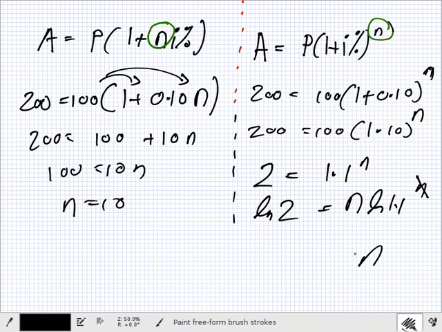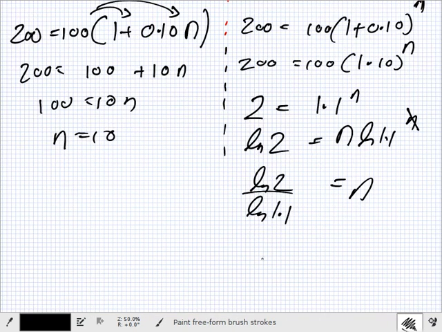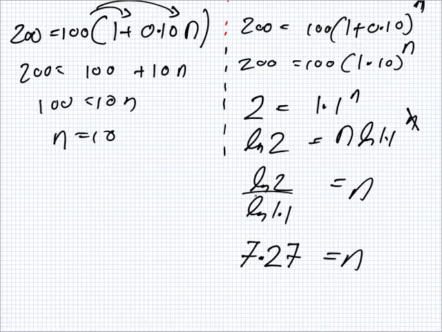So that means n will equal log 2 divided by log 1.1, which is 7.27. So 7.25 years is how much. Is that okay? Yeah? Okay, can I scroll down?